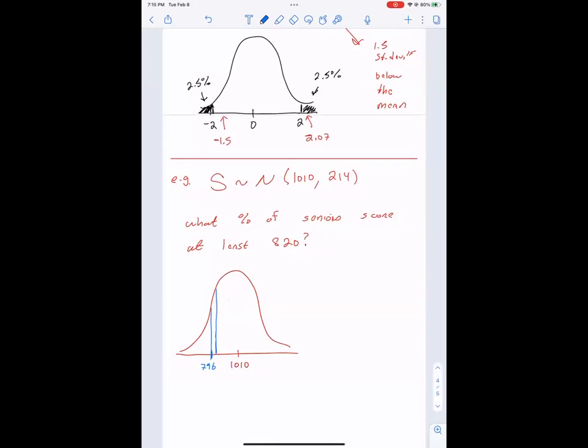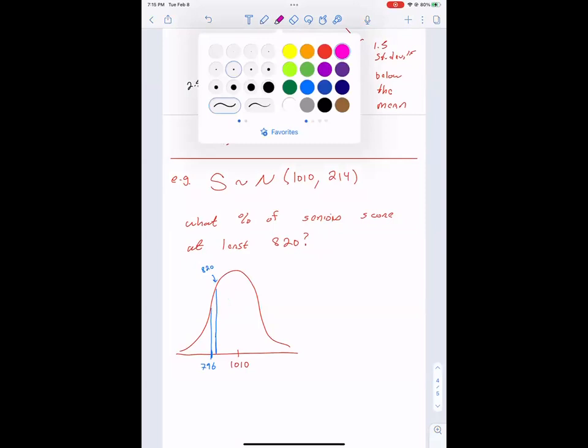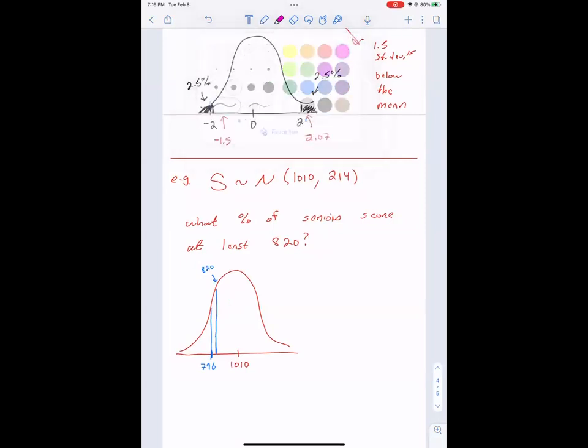So this is about 820, and I want to know the percent that score at least 820. I'm looking for the percent of seniors, assuming this model is correct, that score greater than 820.